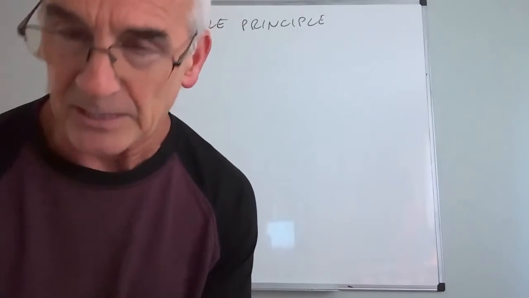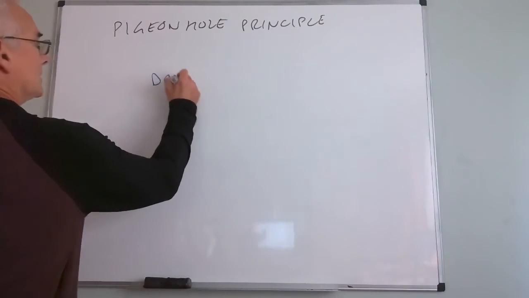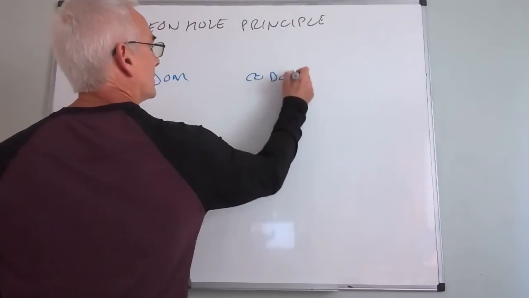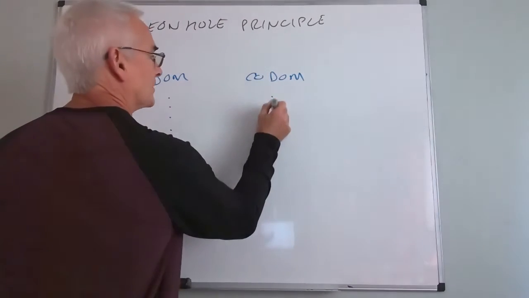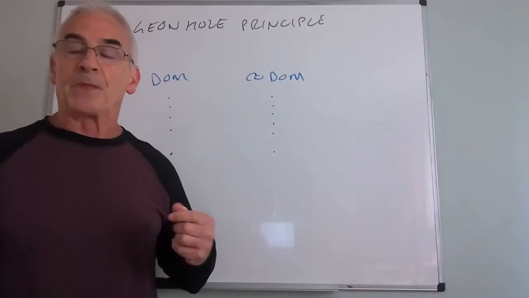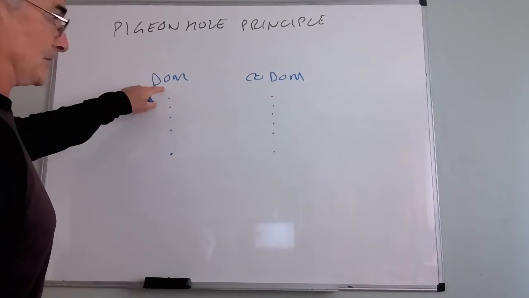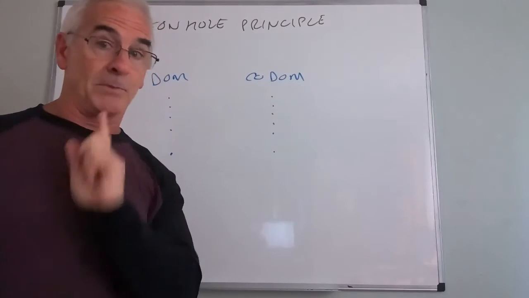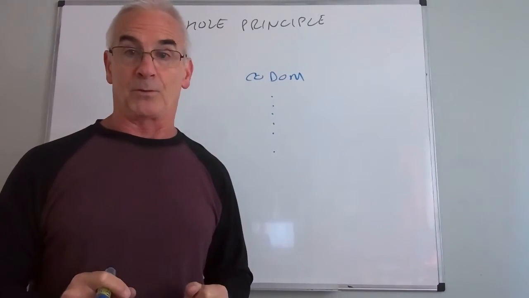Now, an easier way to think about this is in terms of functions. I have a domain, I have a codomain, okay? And I have elements in the domain, I have elements in the codomain. Think of this in terms of a mapping. I have a finite domain, I have a finite codomain. That's very important. So I have a finite list of ordered pairs that I'm working with.